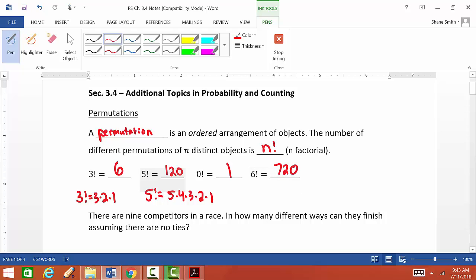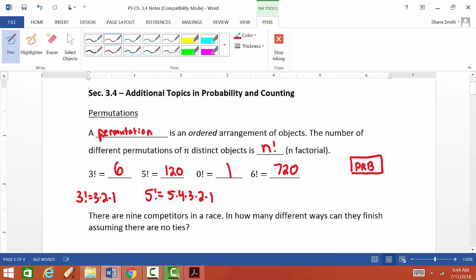Now when you get to larger factorials like this, it's a pain to put in 6 times 5 times 4 times 3 times 2 times 1 and so on on your calculator. But on your scientific calculator, there should be a PRB button. So press the PRB button, and I'll try to find a video to post to teach you how to use combinations and permutations, or you can just look it up because everybody has a different calculator.